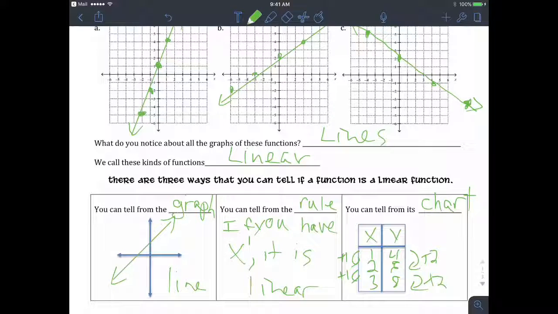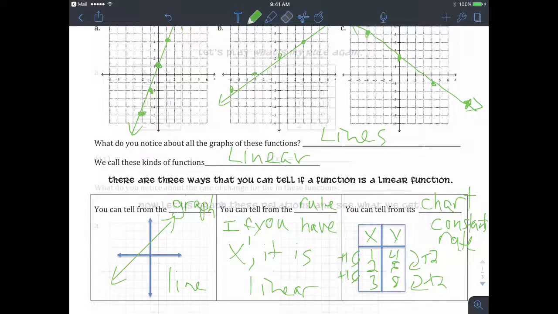That tells me that we have a constant rate of change. So if it's a constant rate, it is linear. Those are the 3 ways: if it's a line, if it has x to the 1 power, or if the chart has a constant rate.